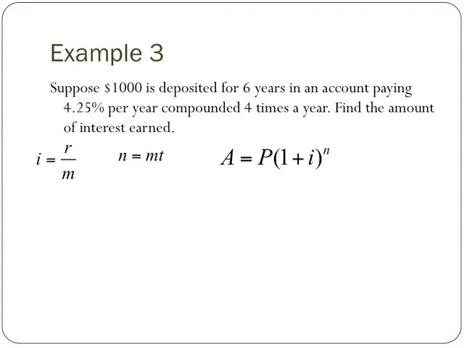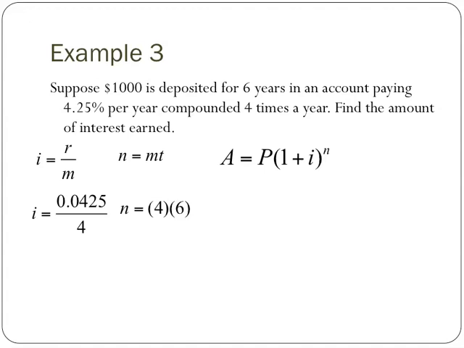So R is 4.25%, so as a decimal that's 0.0425, divided by M. Remember, M is the number of times it's compounded per year. So this is compounded 4 times every year. Now N is the total number of compounding periods, so we multiply the number of times it's compounded in a year times the number of years. So that's 4 times 6.